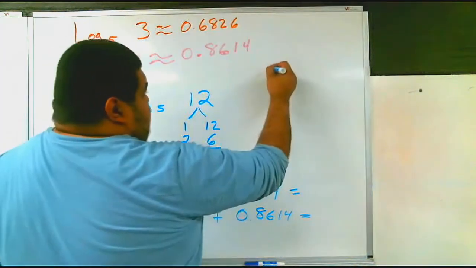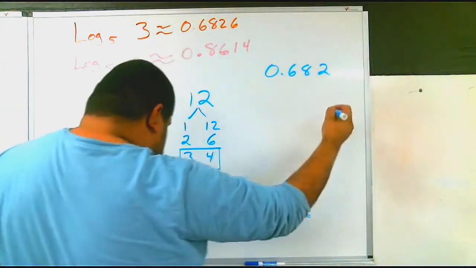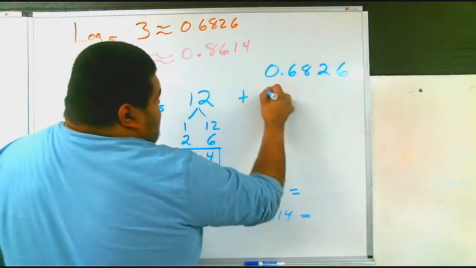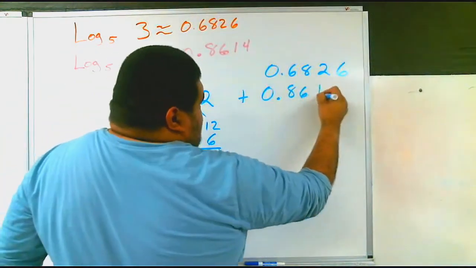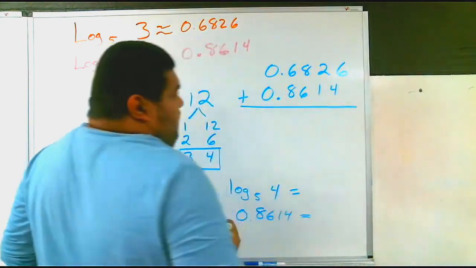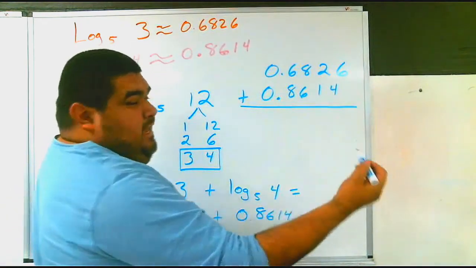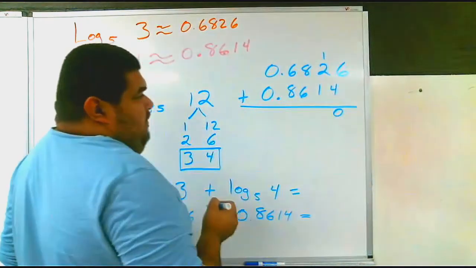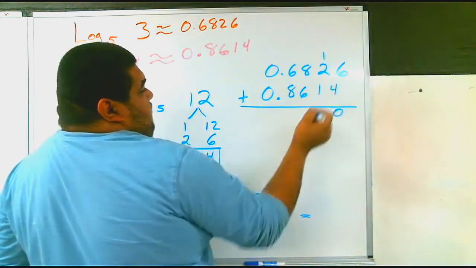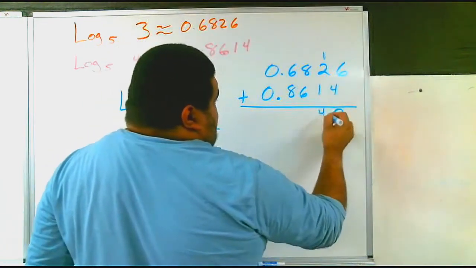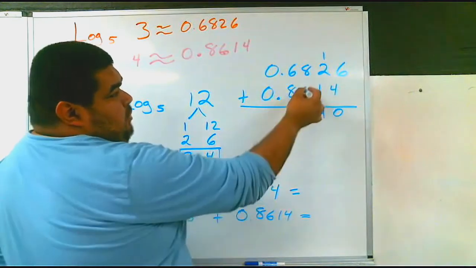So we have 0.6826 plus 0.8614. 6 plus 4 is 10, so we have a 0 and carry a 1. 1 plus 2 is 3, plus 1 is 4. 8 plus 6, we need 2 more to make 10.